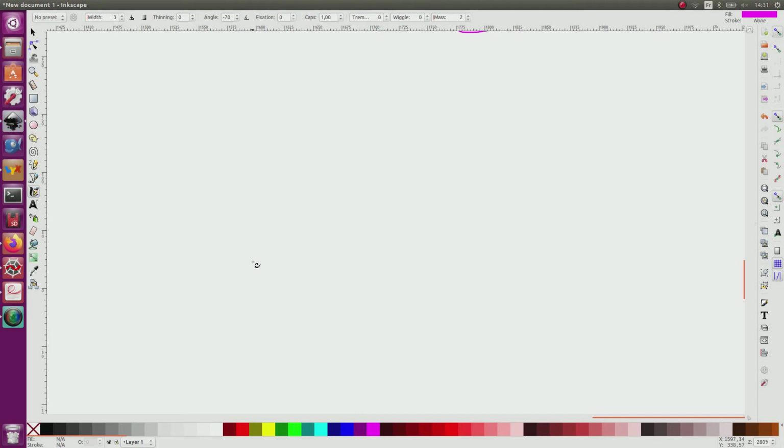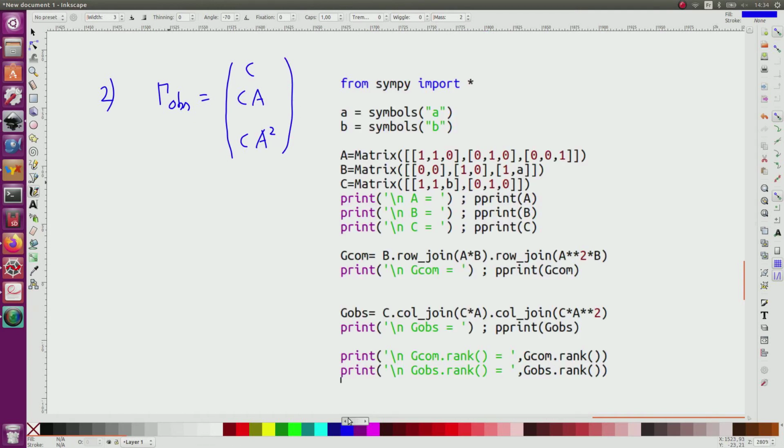So for question number 2, I will generate the observability matrix, which is equal to C, CA, CA squared. I take the following Python program, which also uses SymPy.